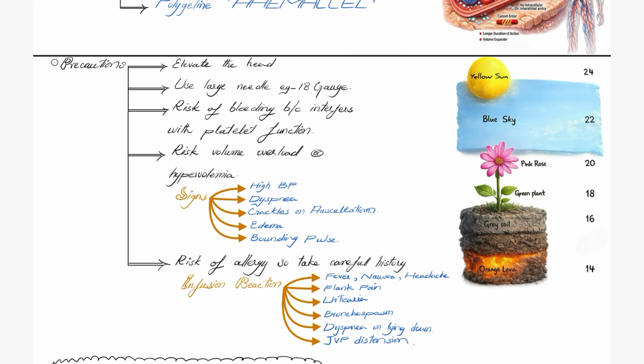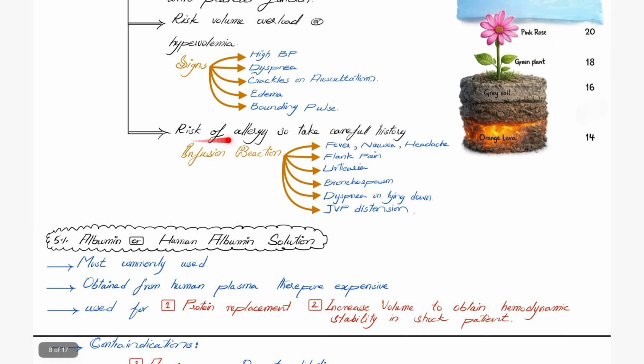Or some patients may show a hypersensitivity reaction to the colloid, so there is a high risk of allergy. So take a careful history, whether the patient had such a reaction before or not.